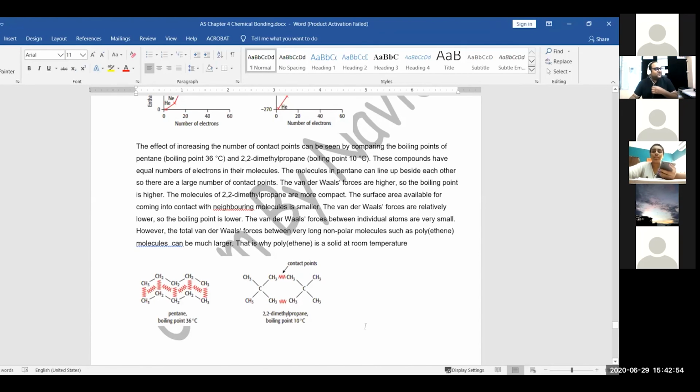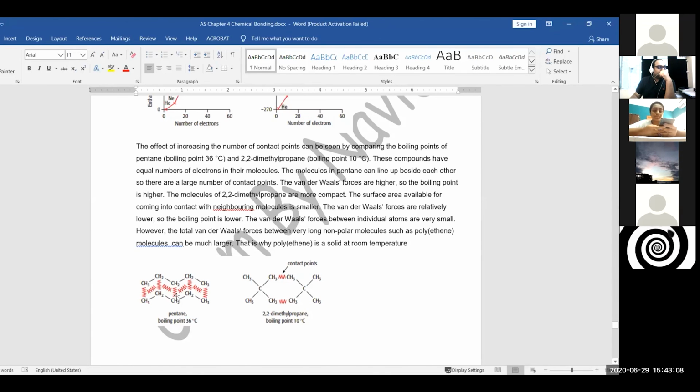So pentane and 2,2 dimethyl propane both have the same number of carbon and hydrogen atoms. But since pentane is a straight chain hydrocarbon, it has more contact points.